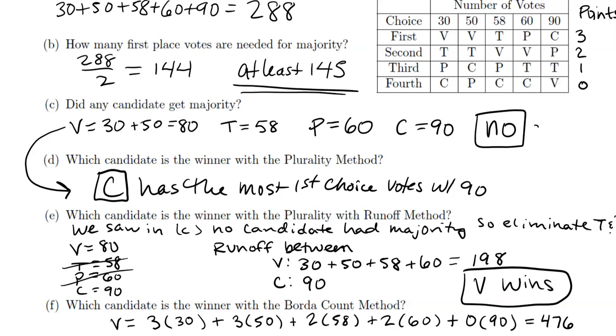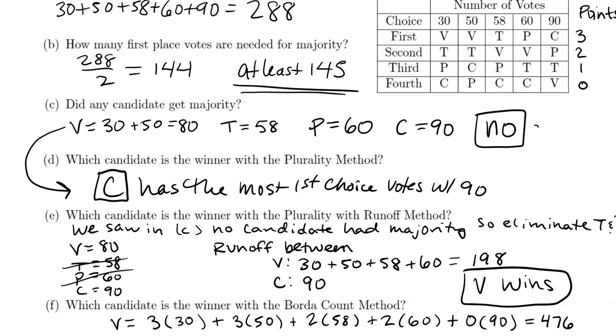We can do anybody next, but I'll just pick T. T is in second place in the first column, so 2 points times 30. They're in second place again in the second column, so 2 points times 50. Then they jump to first place, so 3 points times 58. And then they are in third place, so 1 point times the 60 in that fourth column.